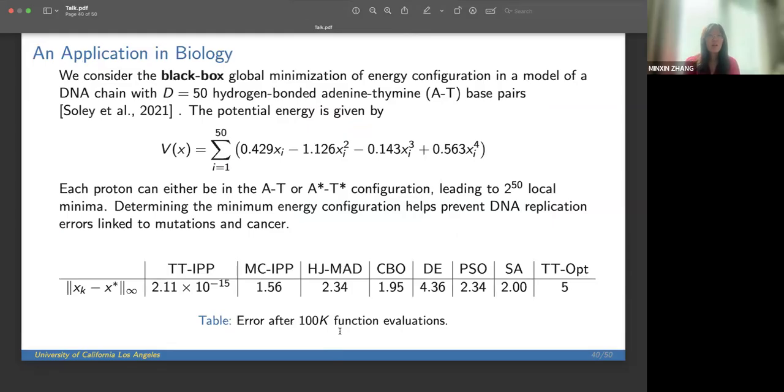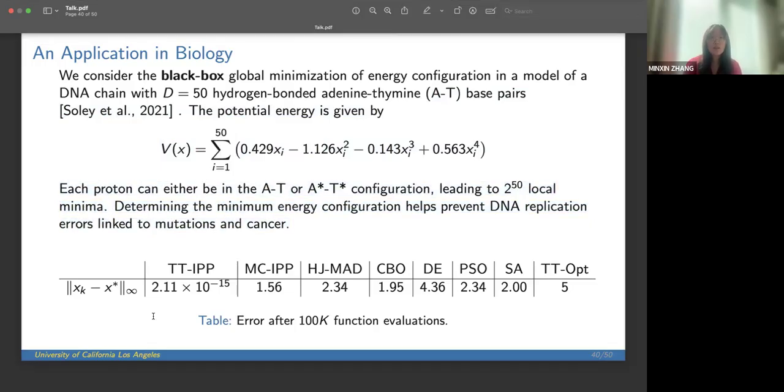And we also experimented on a real application in biology, which is actually the very first picture I showed you on my very first slide, the DNA chain model. If you consider 15 base pairs on this DNA chain, then it ends up with a potential energy function V of x, which is a summation of 15 double-well functions, which could have 2 to the 15 local minima.